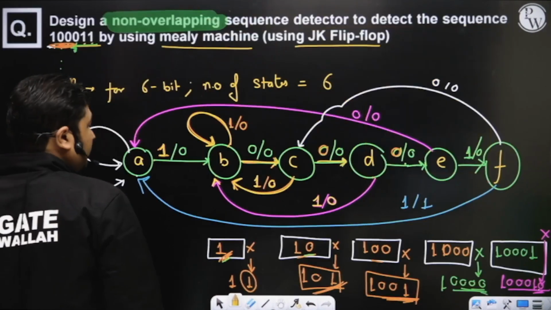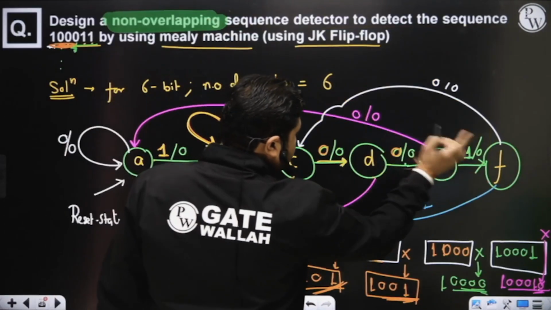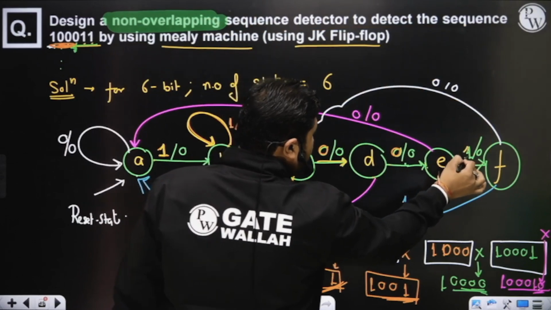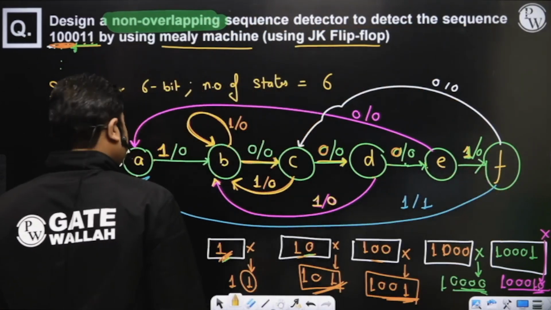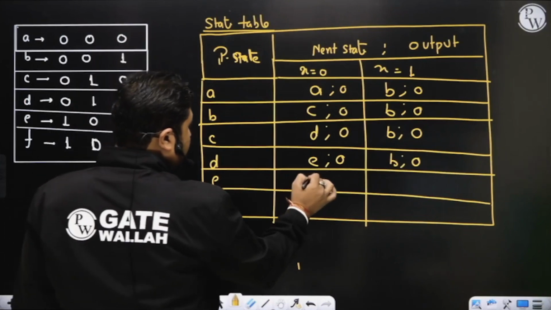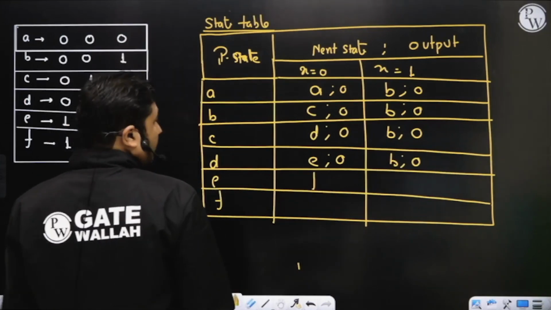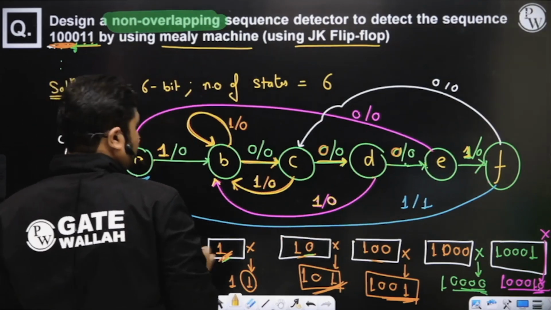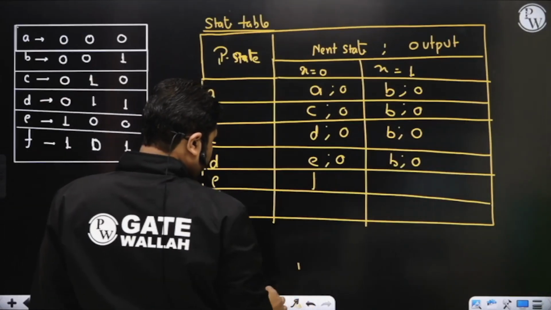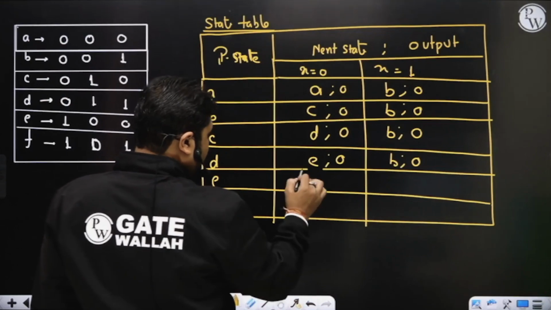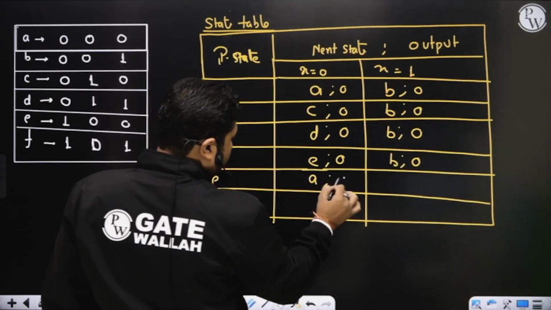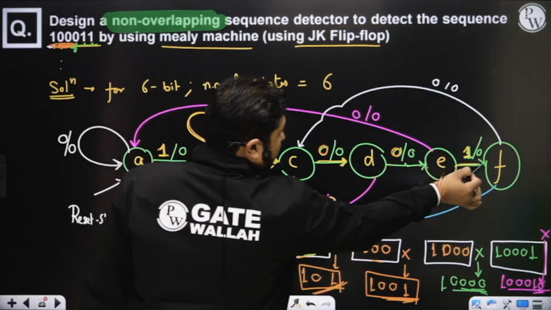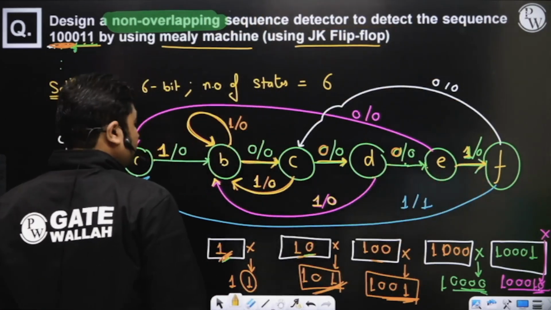Present state E, x equal to 0: next state A, output 0. Present state E, x equal to 1: next state F, output 0.